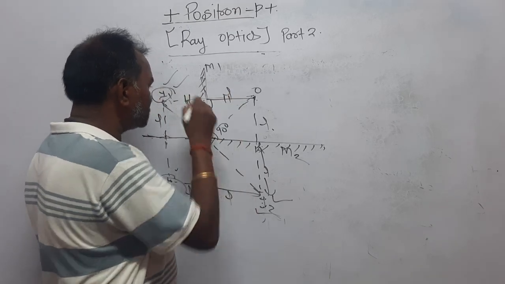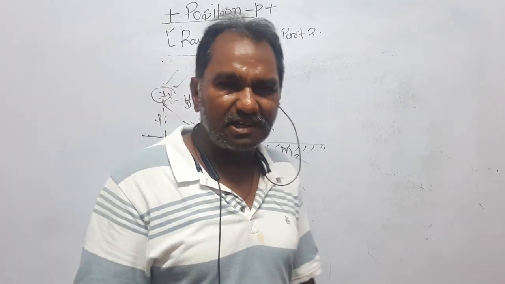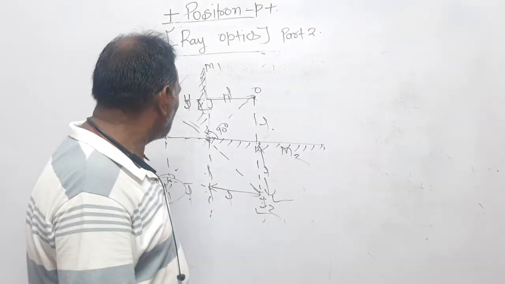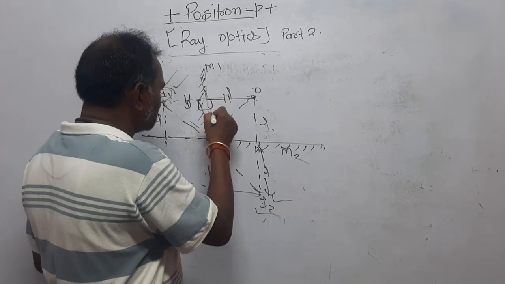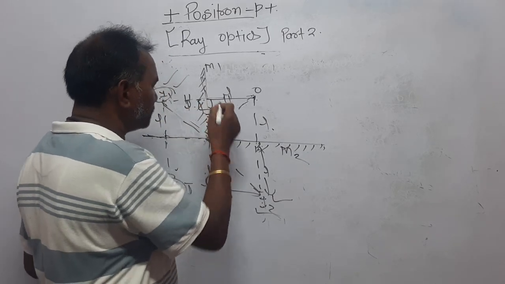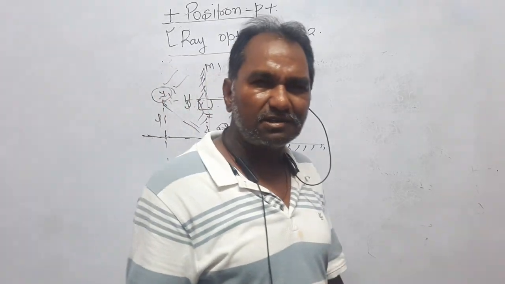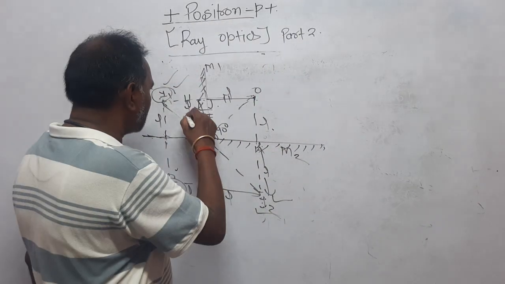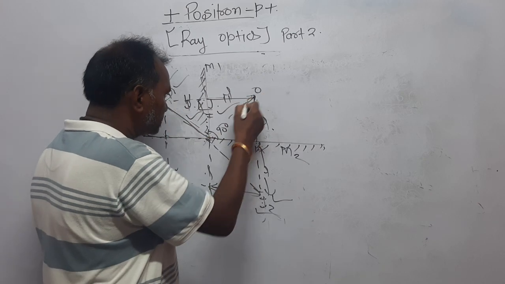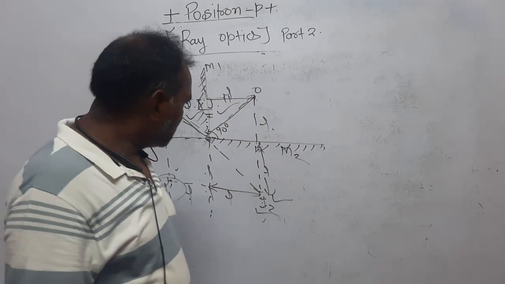This is equal to this because the distance of the image is equal to the distance of the object from the plane mirror. Now, dear students, this is common, right? Now the two sides and one angle are equal. So these two triangles are similar, or you can say that this and this are equal, right?